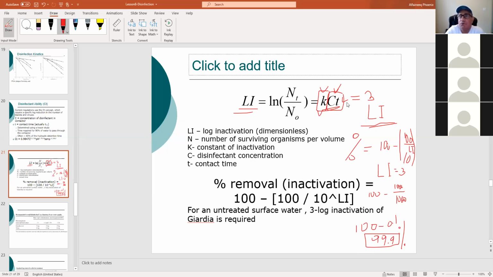Now you wonder, what is T then? How are these guys going to tell that the log is equal to 3 and the percent removal is 99.9 if T is still variable? Is there anything written on these things that tells us you need to hold it there for a period of time?